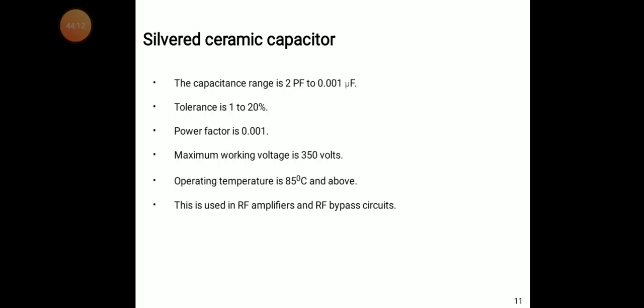In the amplifier, sometimes we need to allow the AC, sometimes we need to block the DC. So wherever you want to allow it, at that place we use this capacitor.